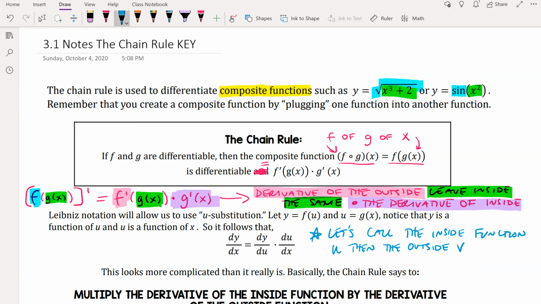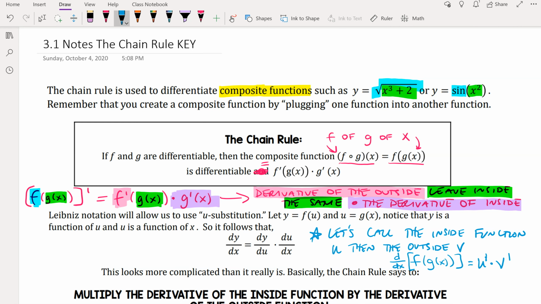And then we're going to say that the derivative, I'm going to say this time d/dx, because that means the same thing, right? The derivative of f of g of x equals u prime times v prime. You're just going to take the derivative of the outside, and multiply by the derivative of the inside.